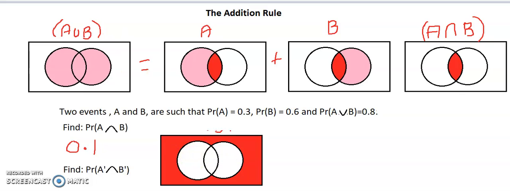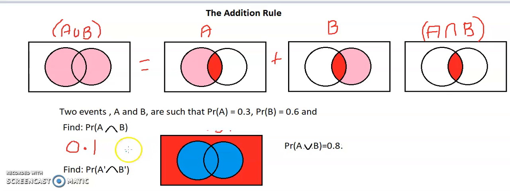So we know that this inside area, I'll say blue, we know that inside area, A union B is 0.8. So the total probability must add up to 1, which means the probability of being not A and not B is 0.2.